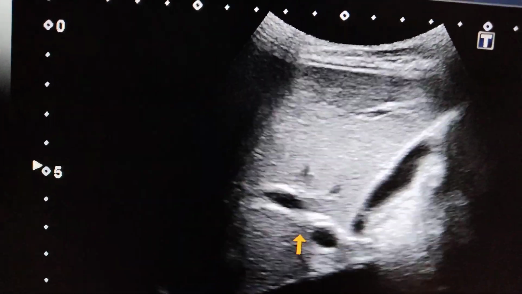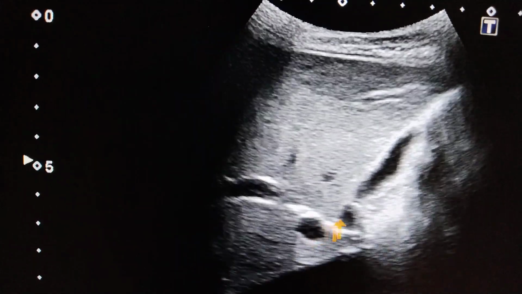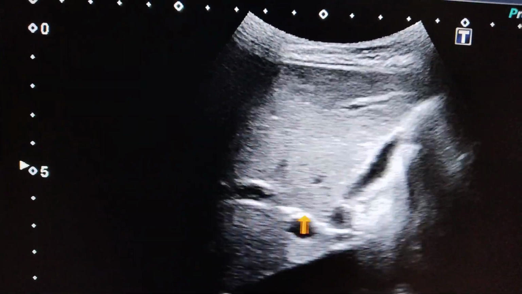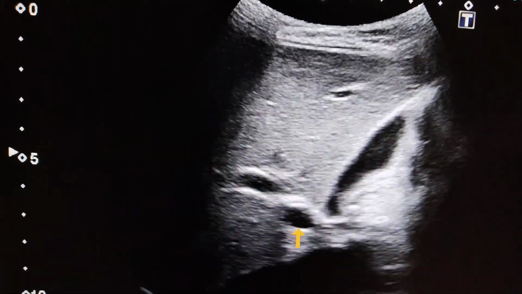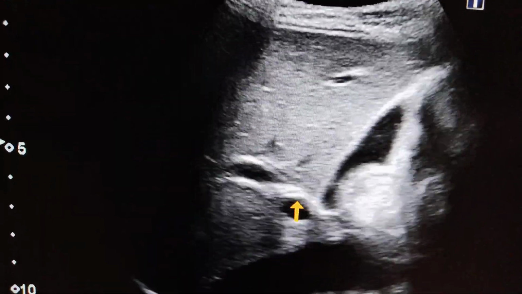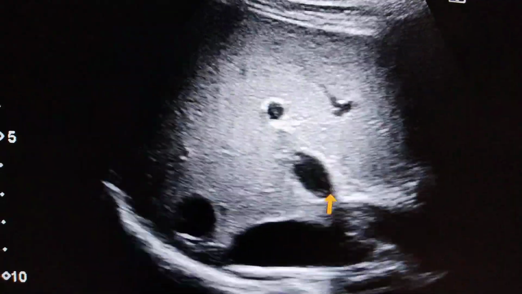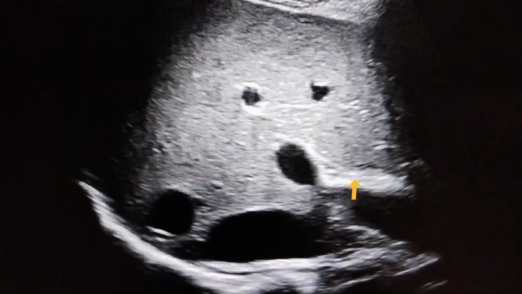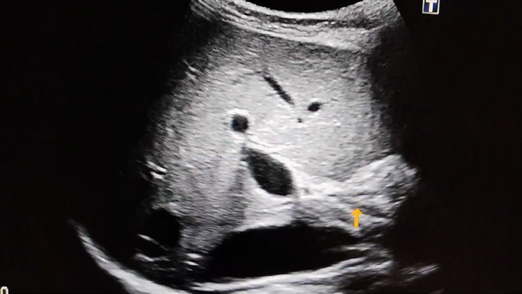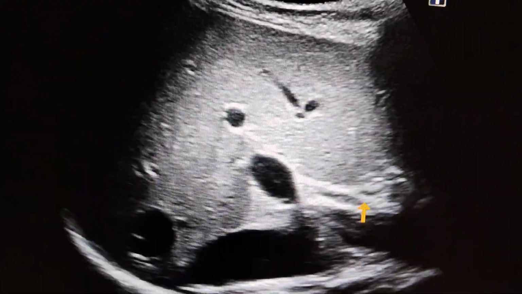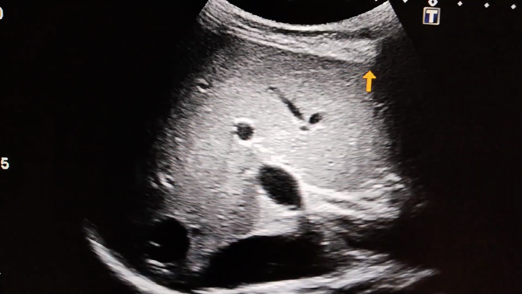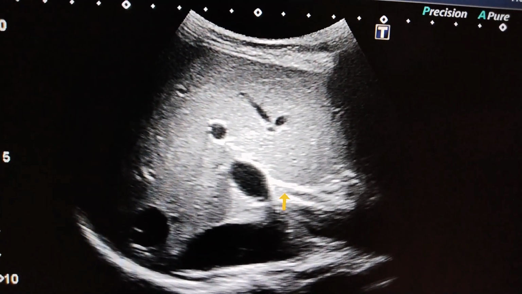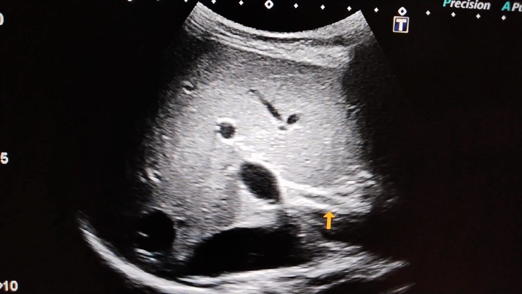It will show the color, to differentiate it from the gallbladder, because portal vein will show the color and gallbladder will not show the color. And anterior to this portal vein is the common bile duct, which is very difficult to appreciate when it is not dilated. So this may be the common bile duct, maybe the hepatic artery. Then to differentiate, we can put the color.